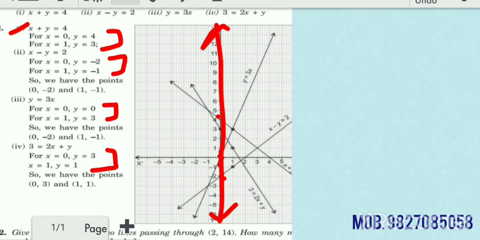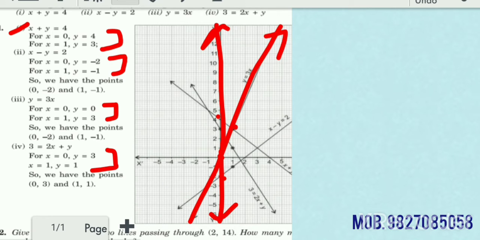Now for the third, x is equal to 0 and y is equal to 0, same as here. Again x is equal to 1 and y is equal to 3, this is here, so we get this type of line.